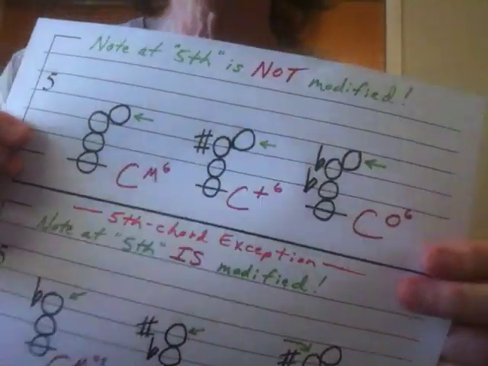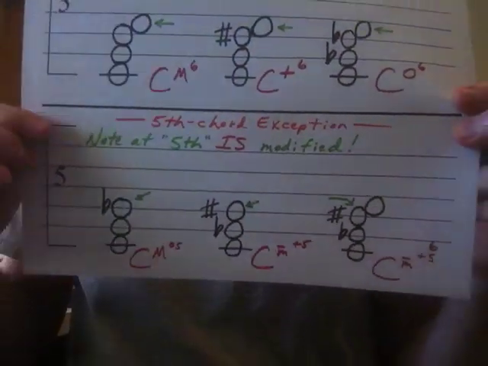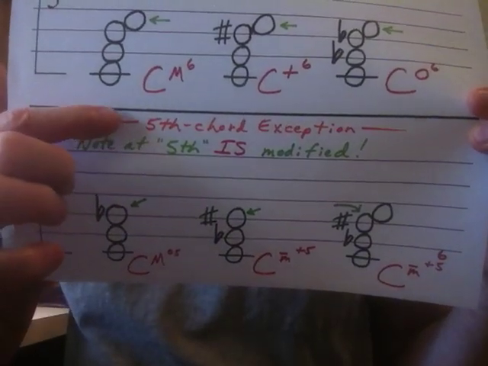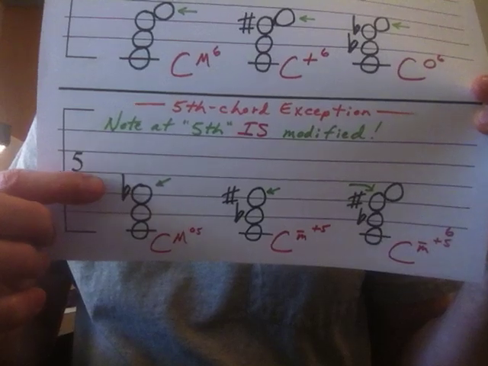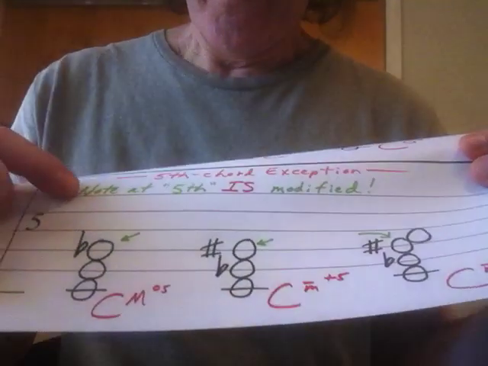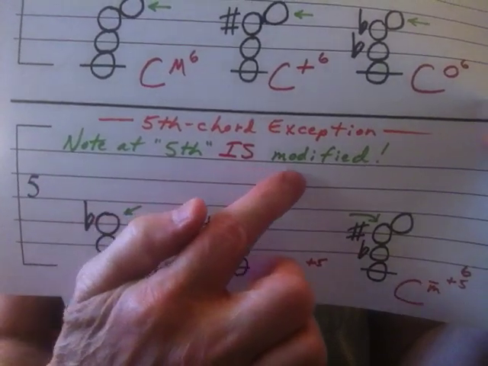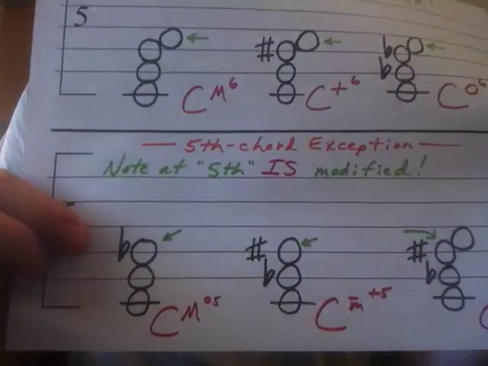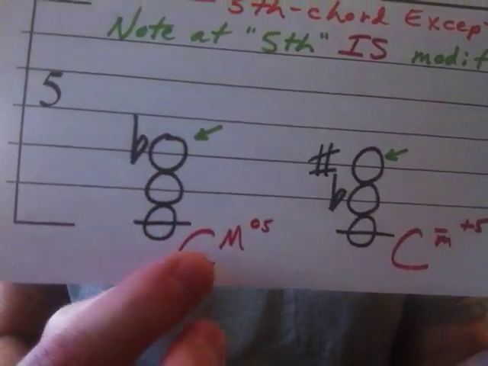Now, here's where we get into the exception, which is a beautiful thing. On the bottom 3 examples, we are using the fifth chord exception. Now you see the note at the interval of a fifth is modified. Here you have, as an example chord, a C major bass chord.